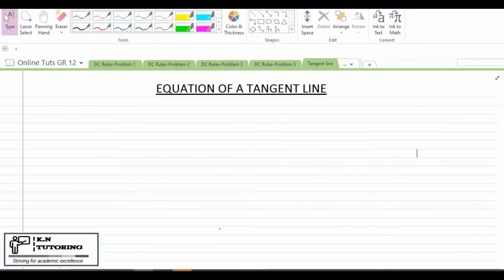My name is Katlego Nakedi, and in this lesson, I'll be covering another exciting topic of differential calculus. As you can see with the heading, it's called equation of a tangent line.